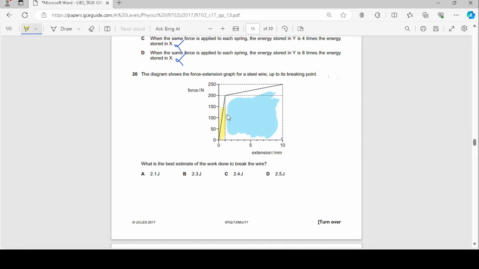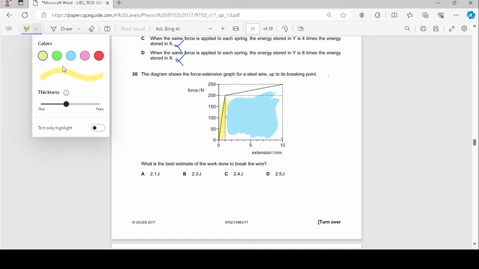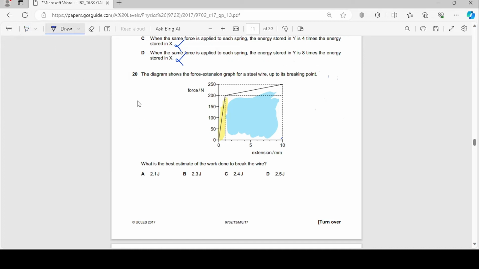I'm going to find the area of the triangle first. This is in millimeters, by the way, note that. So this is 1, 2, 3, 4, 5, 6, 7, 8, 9.